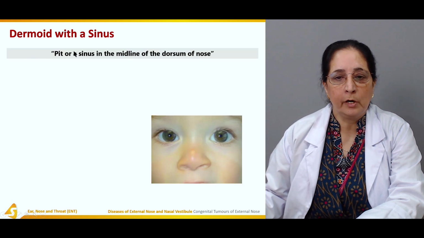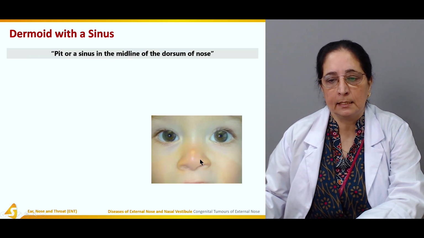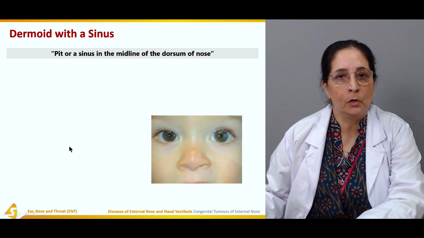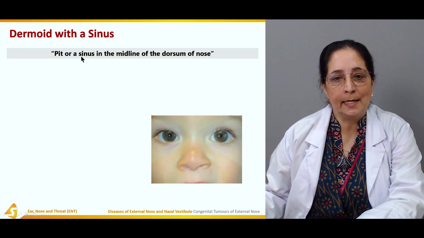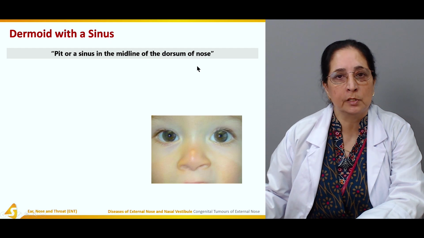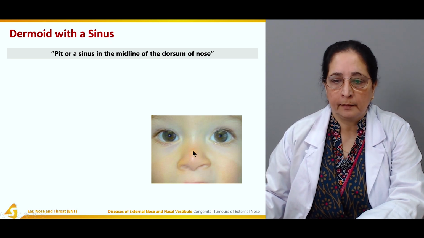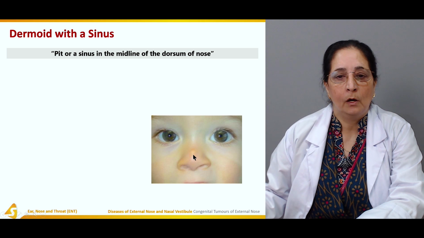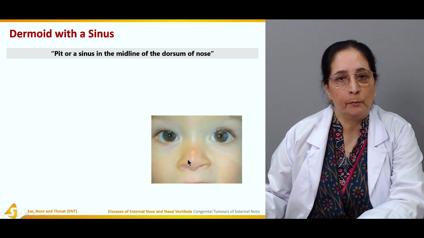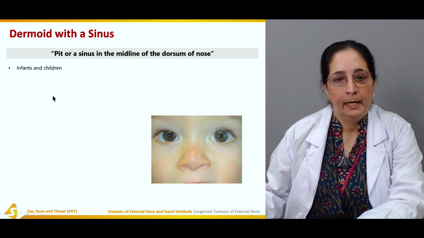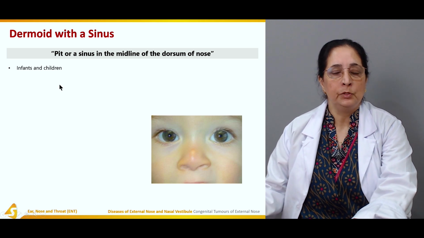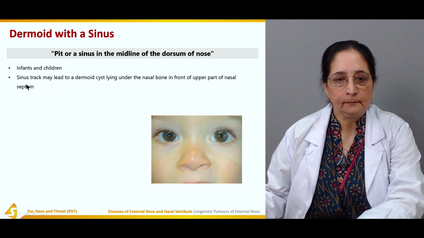Now the dermoid with the sinus, this is the dermoid with the pit or opening, a pit or a sinus in the midline of the dorsum of the nose. Here we can see the pit or sinus in the dermoid. Infants and children usually are affected.